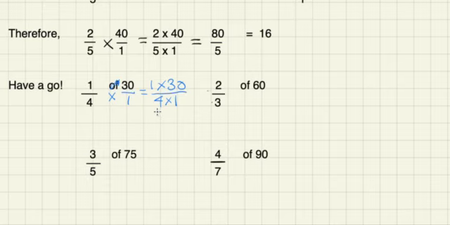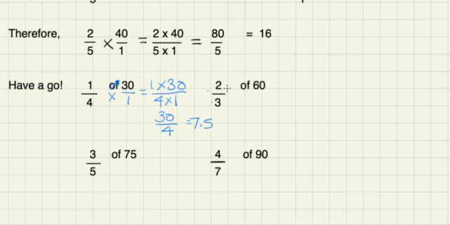So 1 times 30 is 30. 4 times 1 is 4. And when you divide 4 into 30, you get 7.5. So the answer to what is a quarter of 30 is 7.5.